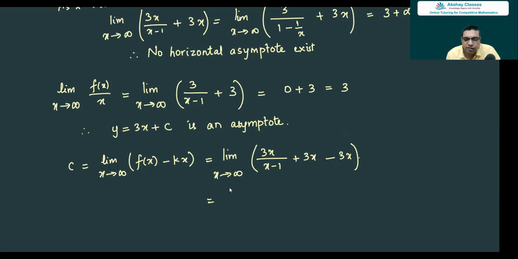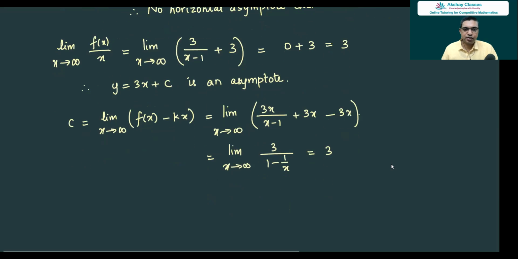And then we have limit x tends to infinity. You divide by x, you get 3 upon 1 minus 1 upon x. We get the value as 3. So therefore, the inclined asymptote y equal to 3x plus 3 is an inclined asymptote.